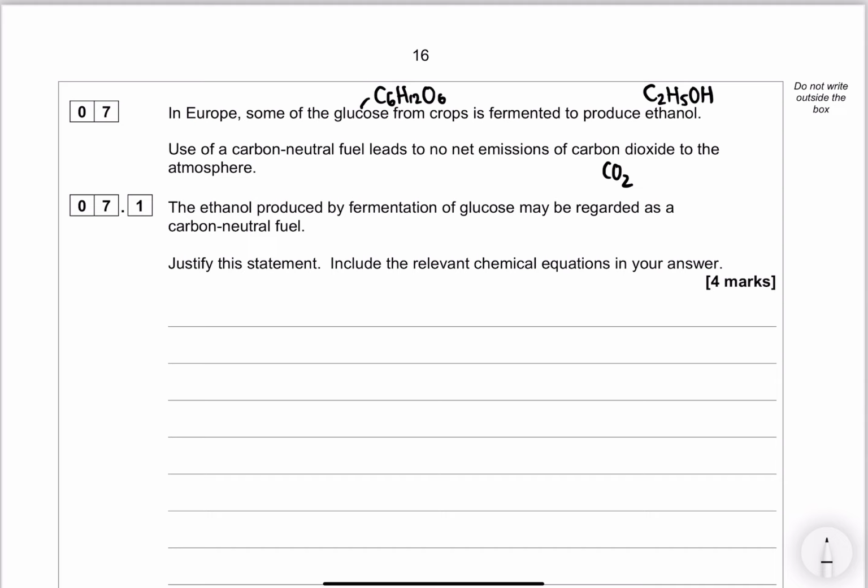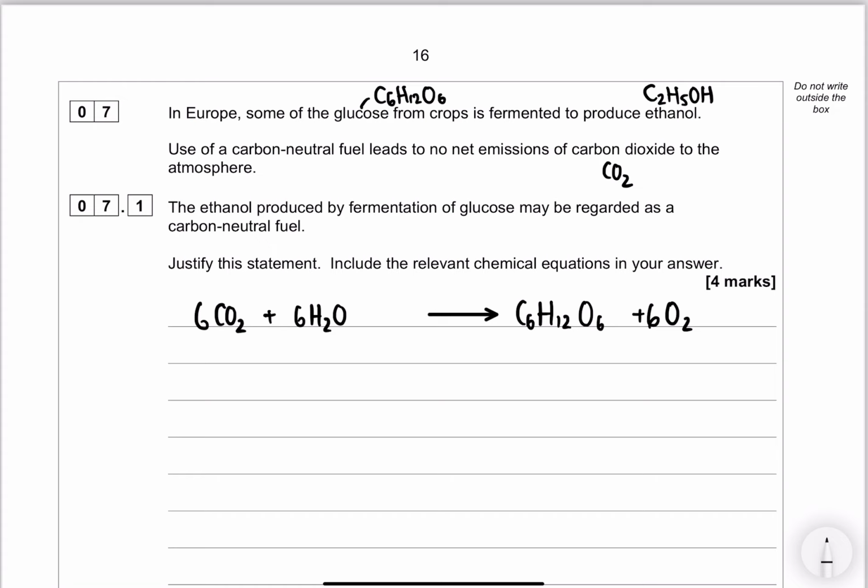So I think the first thing we need to do is realise where glucose locks in carbon dioxide from the environment. Well, it does that during photosynthesis, where carbon dioxide and water combine to make glucose and oxygen. If we balance that equation, we can see that we're locking in 6 carbon dioxides from the atmosphere.